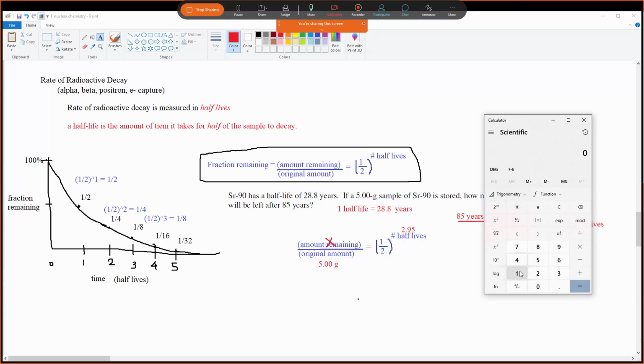Here I have to say 1/2 or 0.5. I'm going to define that as X. And now I'm going to put in 2.95, that's Y, and then hit equal. That's how this calculator wants to do it. Try that on your calculator, see how your calculator wants to do it, but you should get a value of 0.1294.